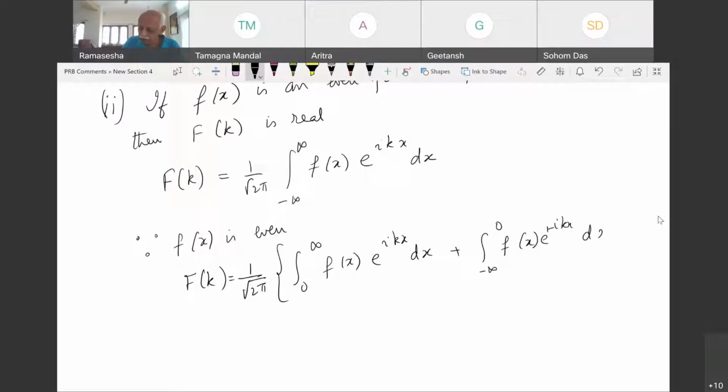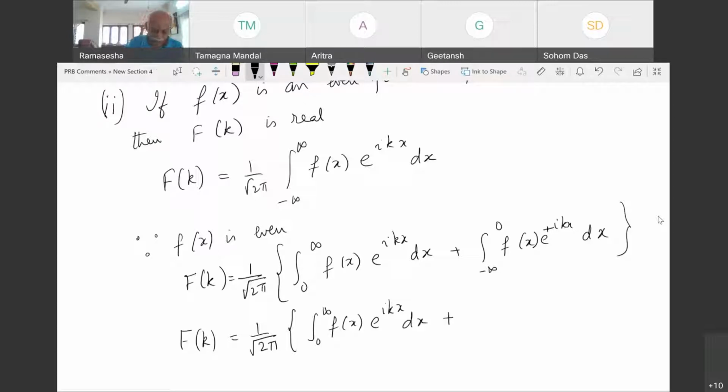Or this is equal to F of k, 1 upon root 2 pi, integral 0 to infinity f of x e to the ikx dx plus, changing the variable from x to minus x in the second integral, we get integral 0 to infinity f of minus x e to the minus ikx dx.